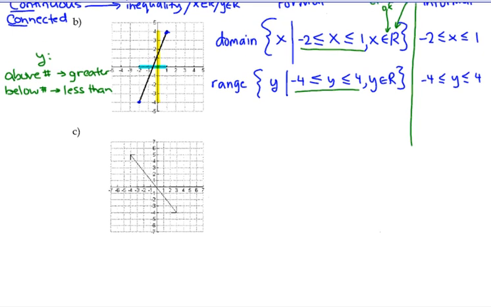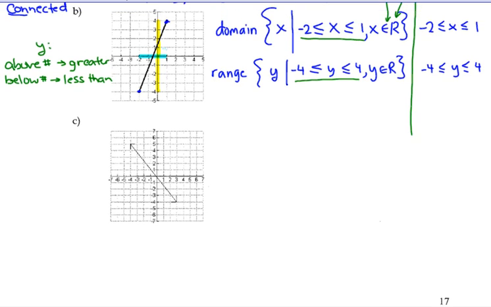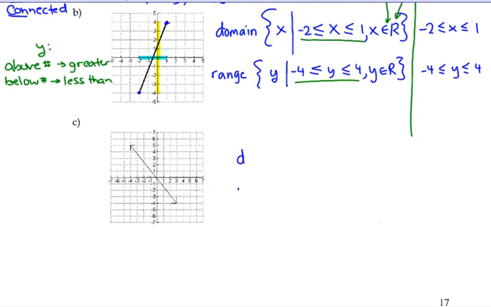So, let's try this guy. Domain and range. So I'll just write D and R. So domain, we're going to ask our what question? How far? What direction is the x-axis? Left and right. How far left will this graph go? There's an arrow on it.